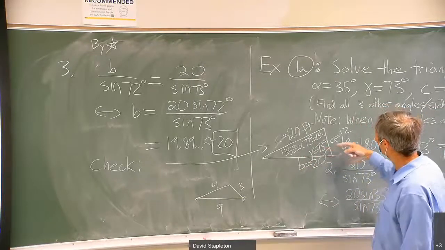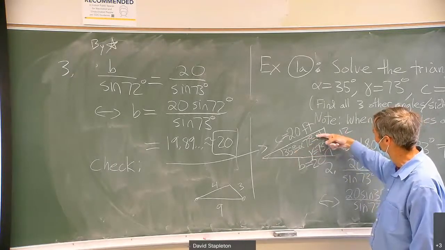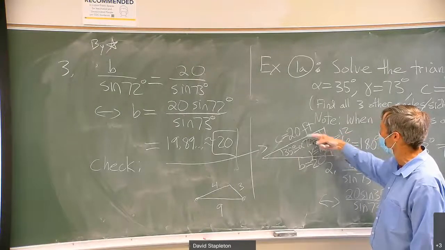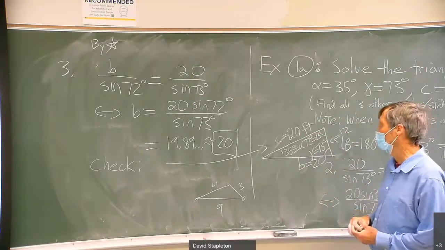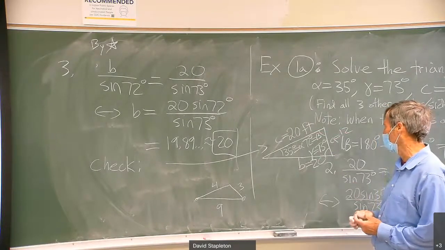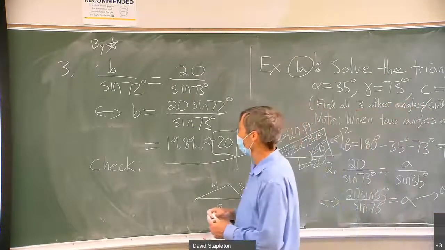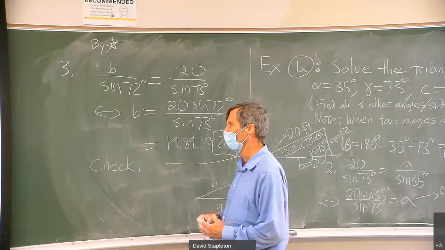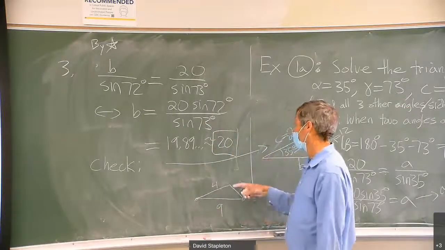And you check that the smallest side is opposite the smallest angle, next smallest side is opposite the next smallest angle, and the longest side opposite the longest angle. Those are things we know about triangles. I'll put those in next time when we have more time to look at this, because we're out of time. But we'll say always do a sanity check, as I call it. Check those three things that are easy. You just look at them and see if you made a big mistake somewhere. And sometimes you catch it like this, right?